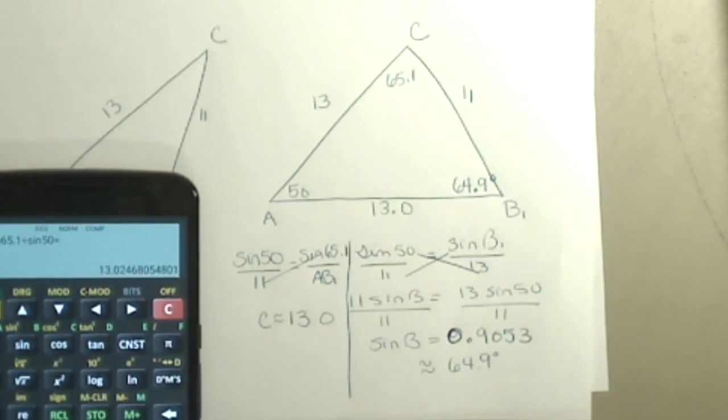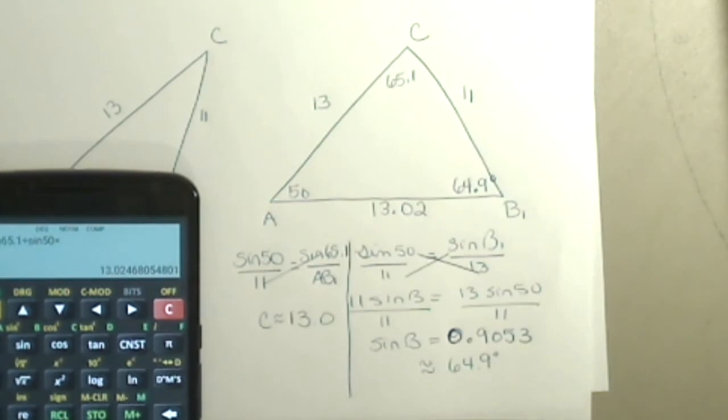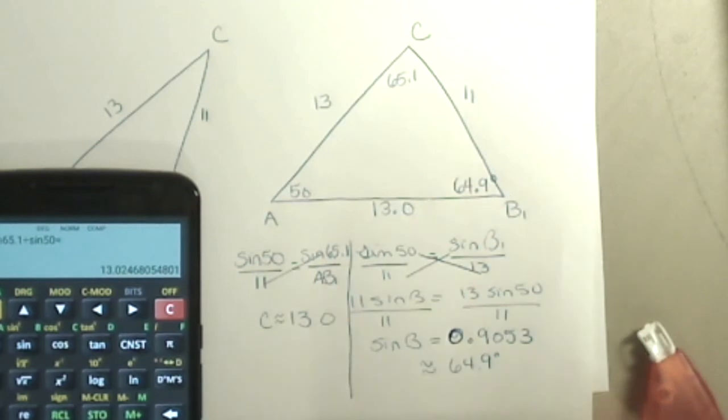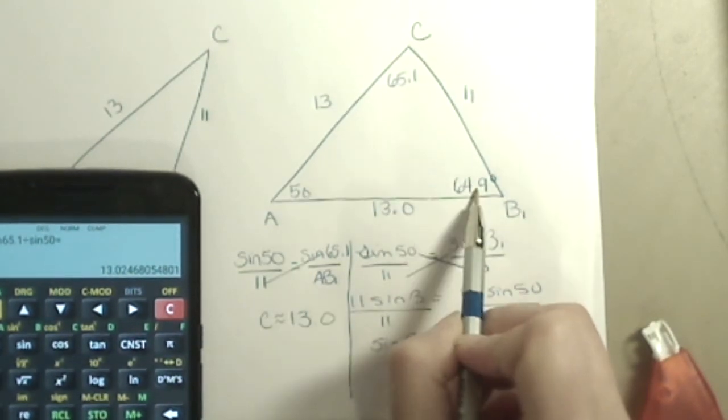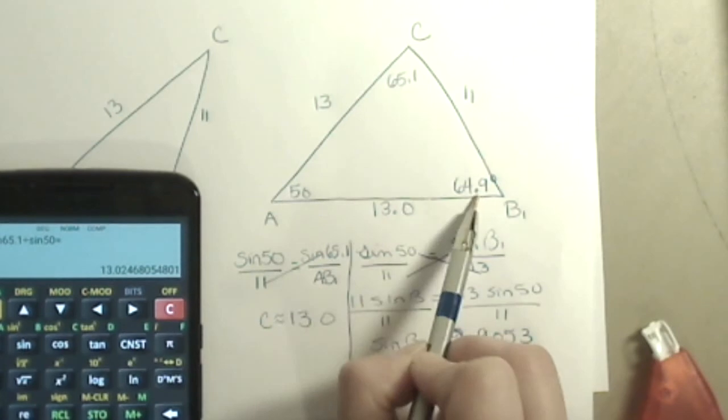I better say 02, because if you look at this, well, 13.0 is fine. Yeah, it's 13.02. Like we're dealing with a triangle here, which is essentially isosceles. We're finding out 64.9 and 65.1 degrees are so close together. It's almost like both these angles are 65.